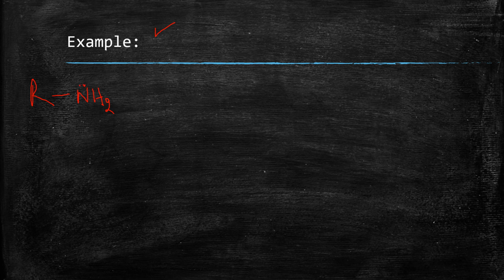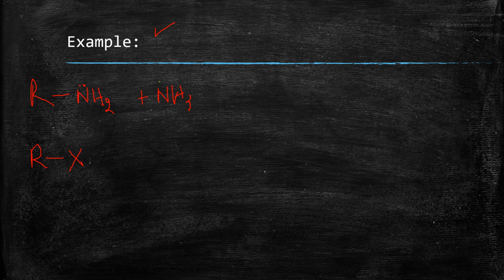Now what happens is that, for example, we have another RX in the reaction, right? And we have also ammonia. Let me first draw ammonia in the reaction as well.